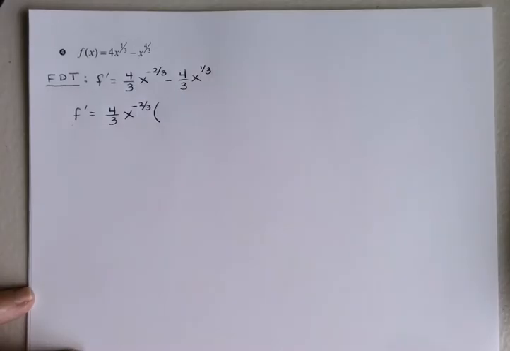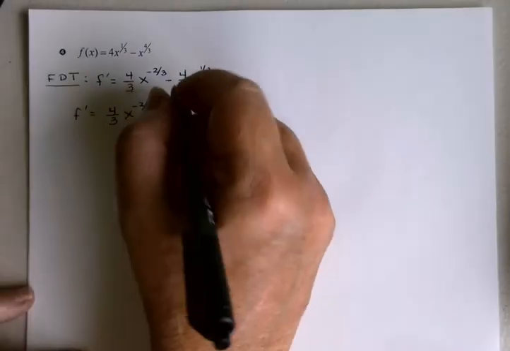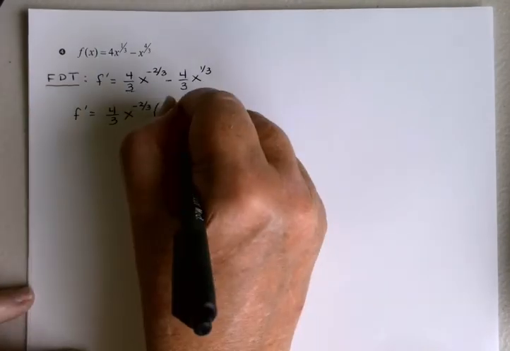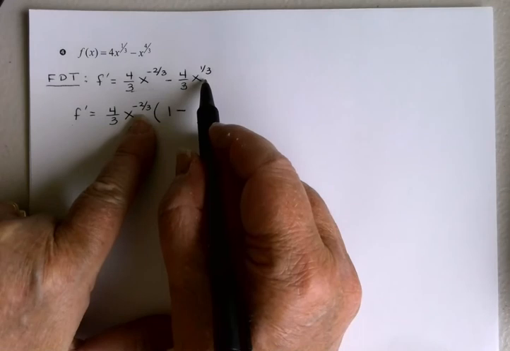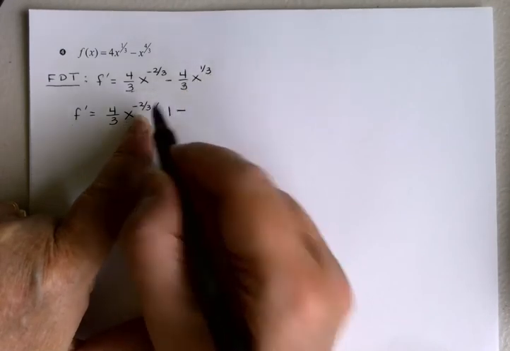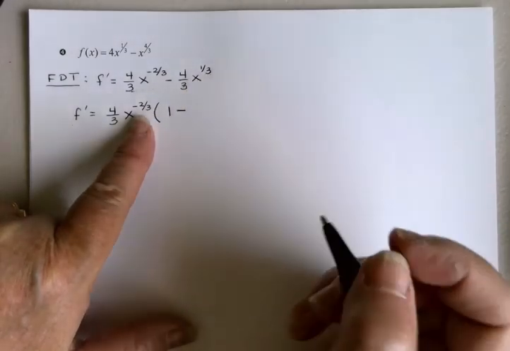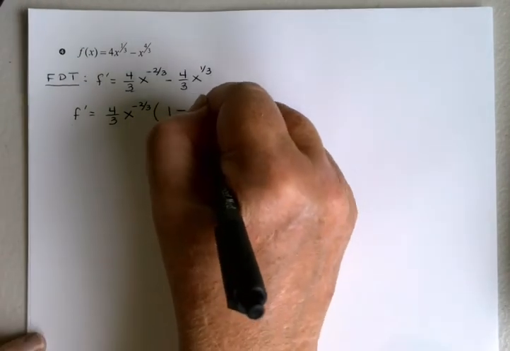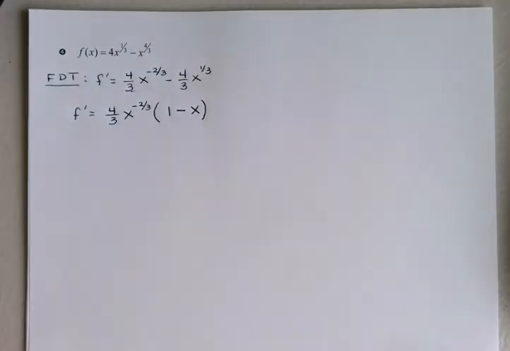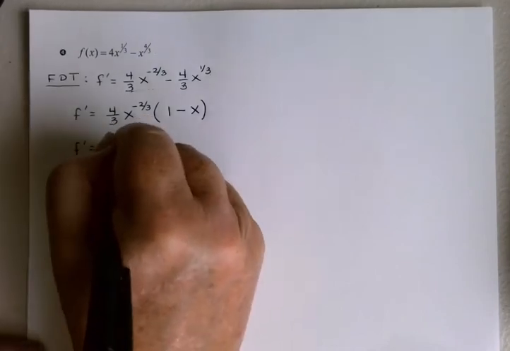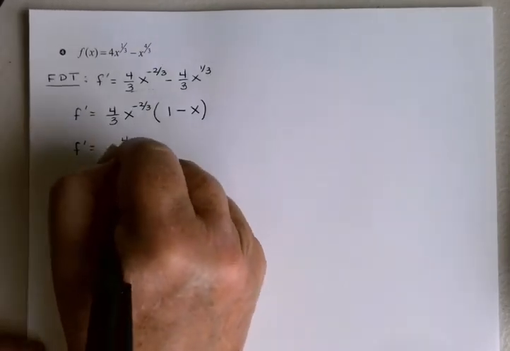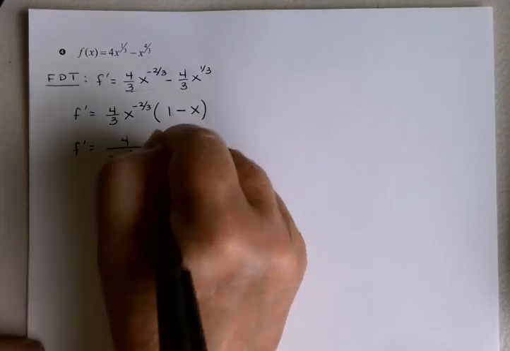It's going to make that first term just a 1, minus, the 4/3 is already factored out, and here it is again. 1/3 minus negative 2/3 is x to the 3/3, or just x to the first. I could rewrite this with 3x to the 2/3 in the denominator.